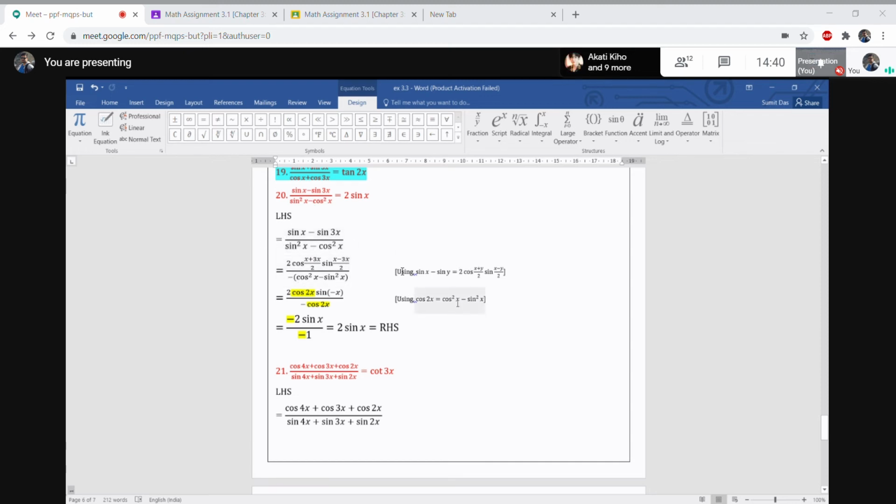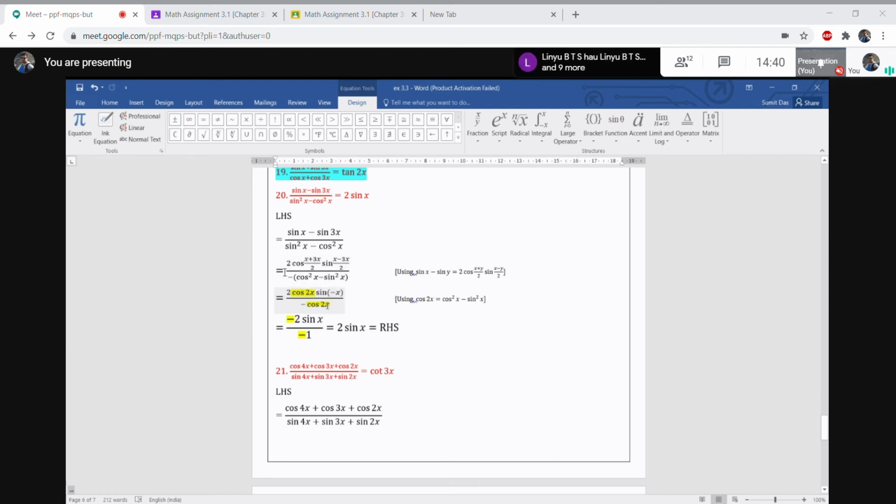So in the next line we can put the formula for cos square minus sine square, that is cos 2x. And I'm simplifying this one: x plus 3x is 4x divided by 2 is 2x, and x minus 3x is minus 2x divided by 2 is minus x. So it is 2 cos 2x into sine minus x divided by minus cos 2x.